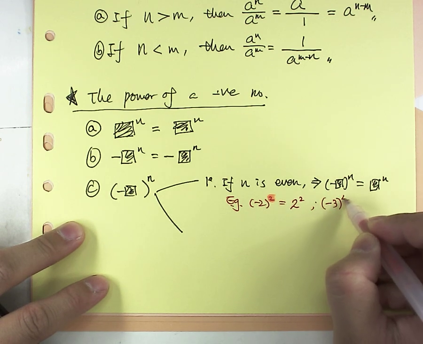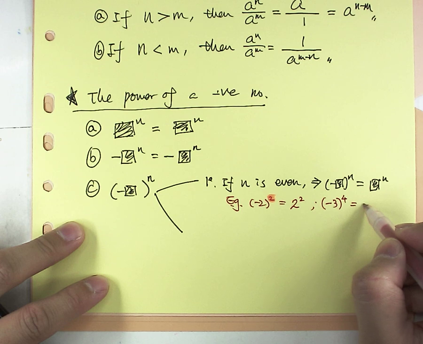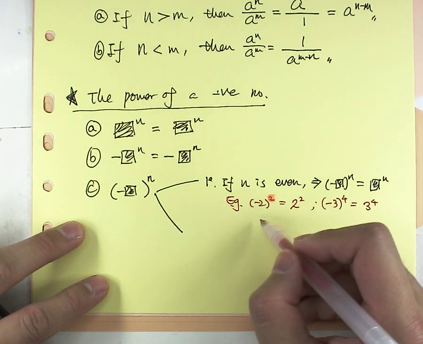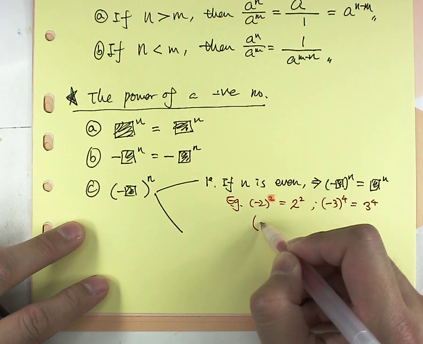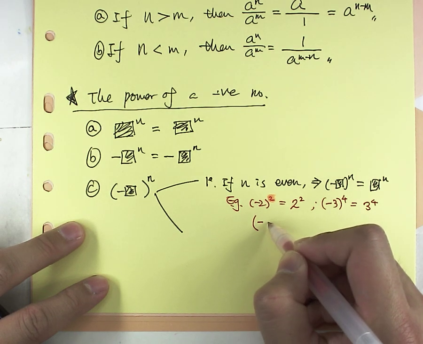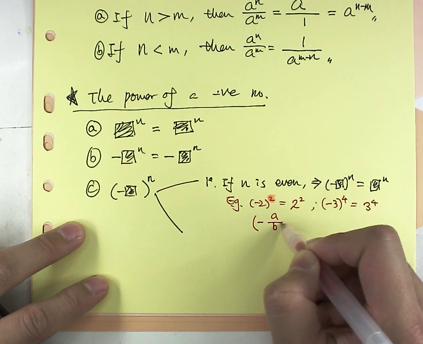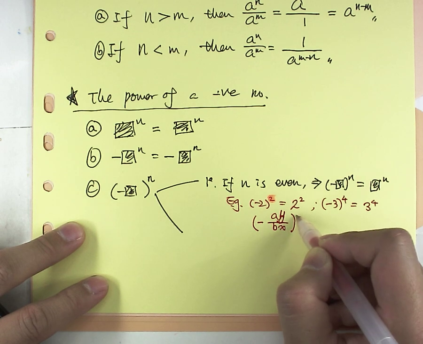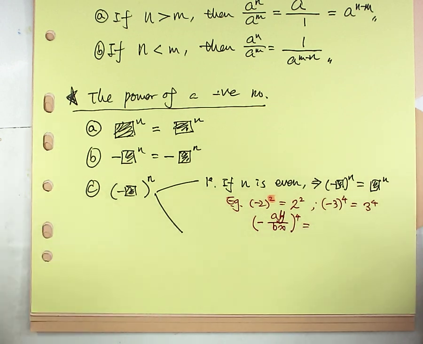Okay. Try more. Negative 3 to the power 4 is equal to positive 3 to the power 4. Understand? Okay, you can give a big expression, for example, minus a over b times x and then y, and then it's to the power 4. So what is the result?